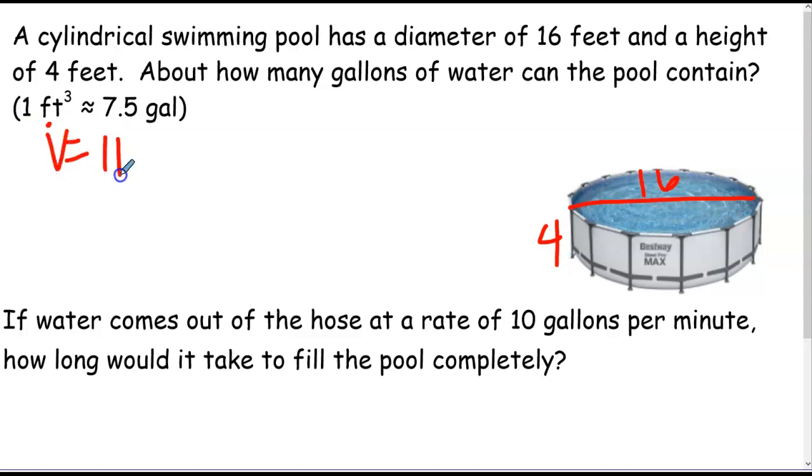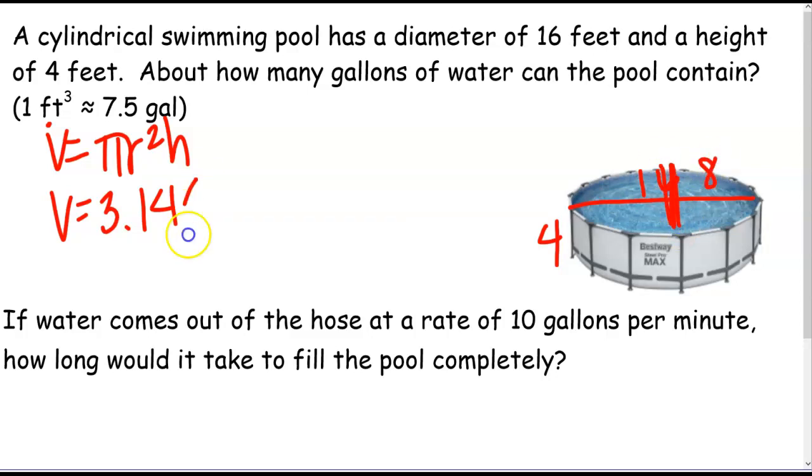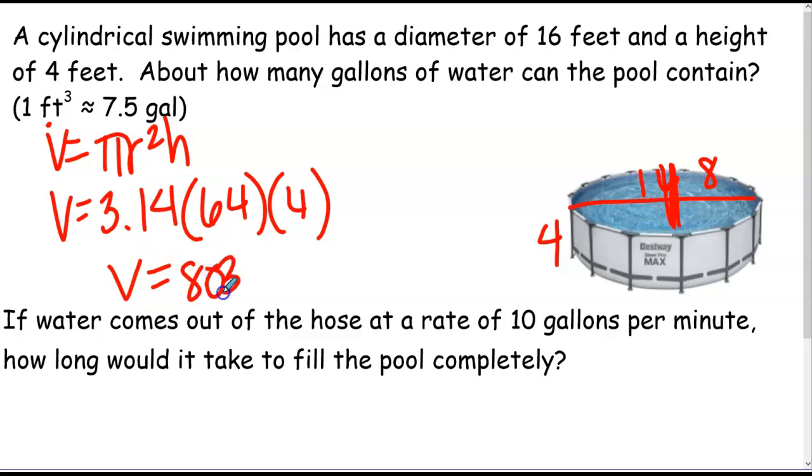Volume equals pi r squared times height. Well, volume equals 3.14. My radius is actually half of 16, which is 8. So 8 squared is 64 times my height, which is 4. So 3.14 times 64 times 4. That gives me 803.84.